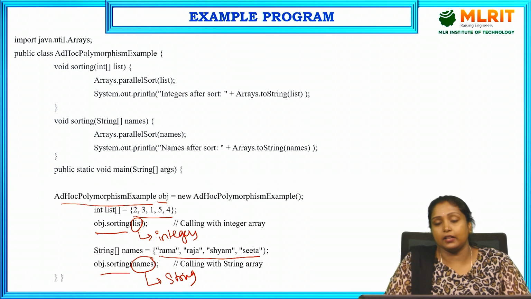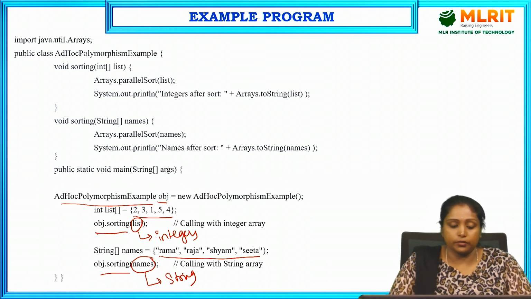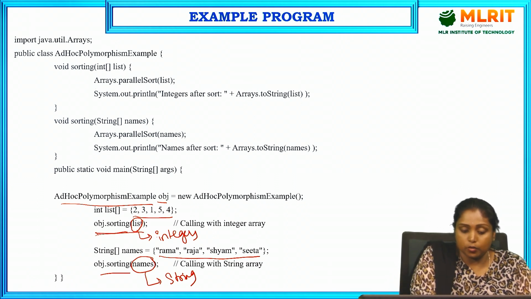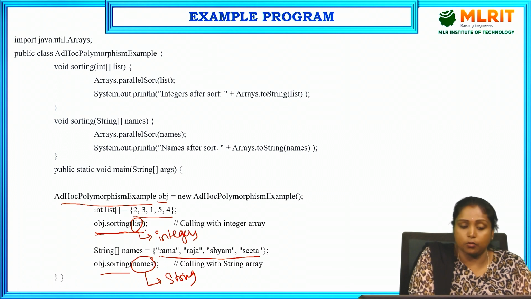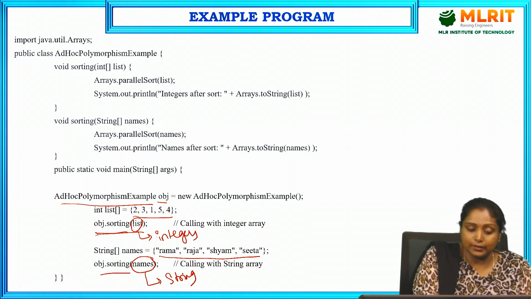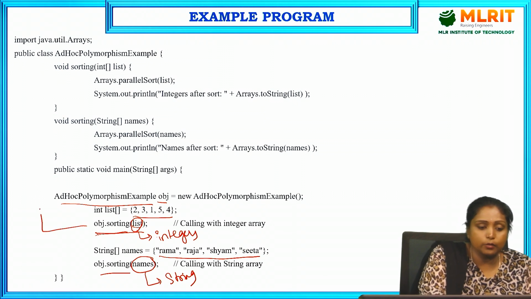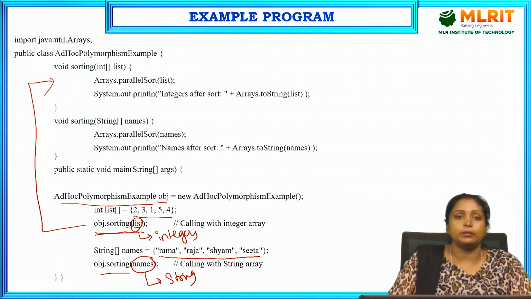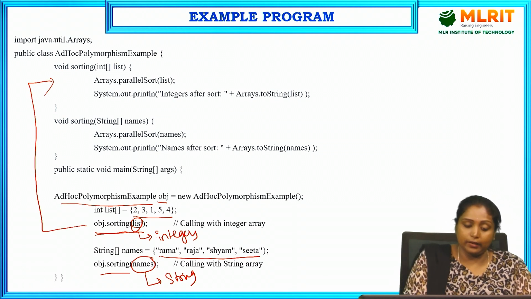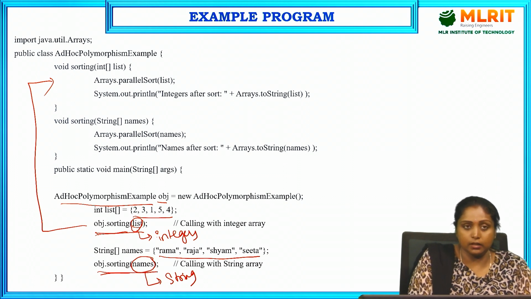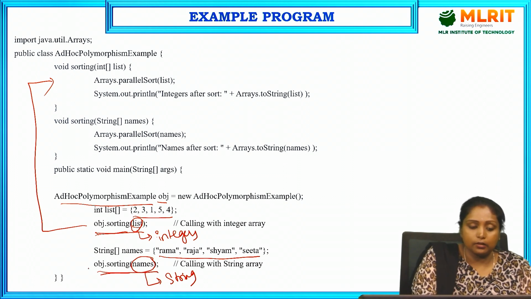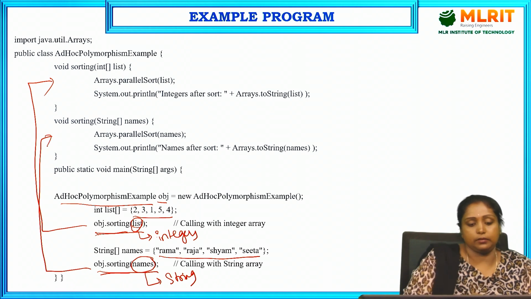It's a string array, it's an integer array. Based on the parameter type in the function call, it will choose which method to execute. Whenever you call object.sorting of list, it goes directly to this function; in the same way, when you call this method with names, which are strings, it will call the other.